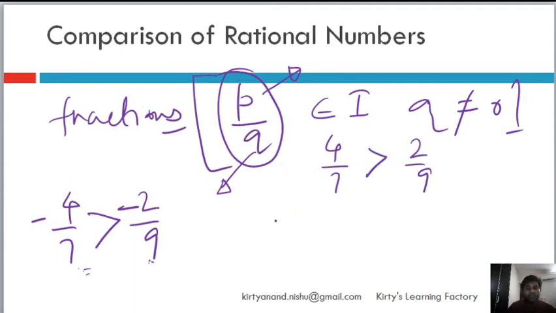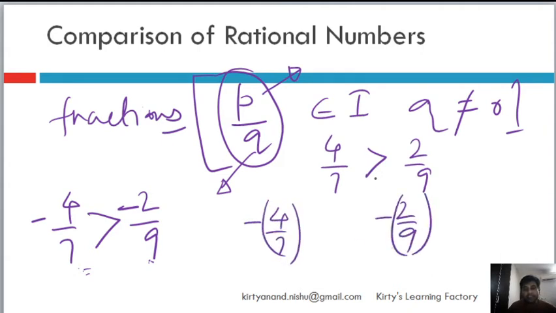But my actual comparison is minus 4 by 7 and minus 2 by 9, and therefore here the comparison will be opposite. So minus 4 by 7 will be less than minus 2 by 9, using the same principles of integers, because on the negative side, the larger the numerical value of a negative rational number is, actually in value it is smaller.